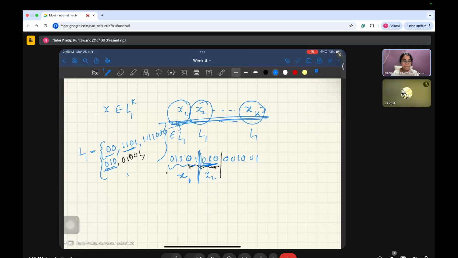So as a binary string, I don't know what the correct partition should be. For some partition, if it accepts, that means we should accept. So we just want to find out whether there is a partition which will make all the k strings be in the language. That is the detail that we need to take care of.